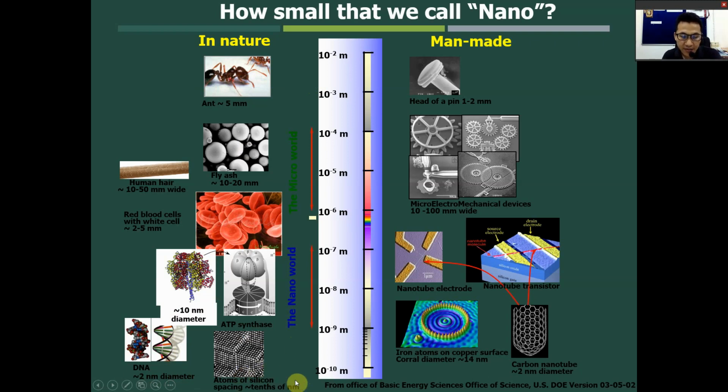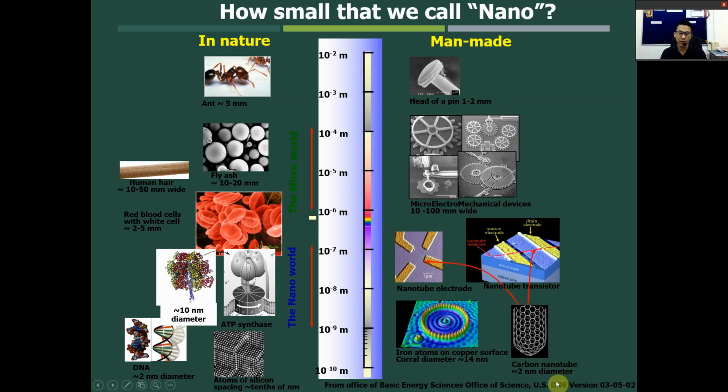Atom of silicon spacing is 10 nanometers. And on your right hand side, starting from the head of a pin around 1 to 2 millimeters, and this is some sort of mechanical device. And then you have a nanotube electrode here, and you have an iron atom on copper sulfate, and you have a carbon nanotube, which is really small.